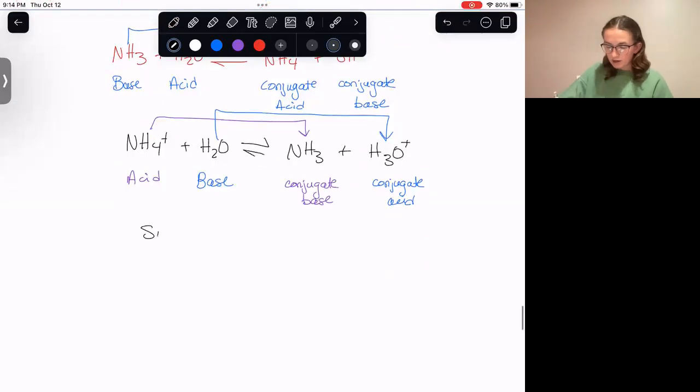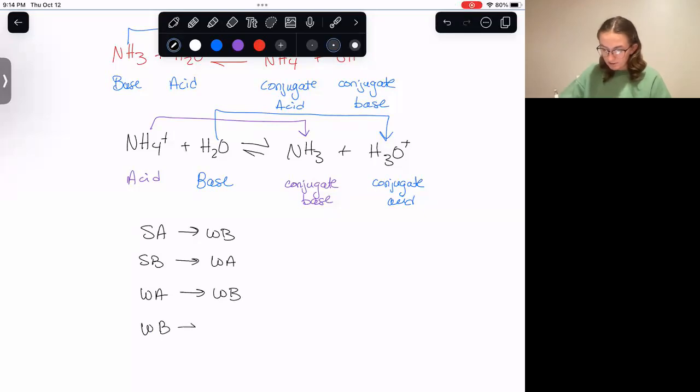You can have a strong acid and a weak base. You can have a strong base and a weak acid. You can have a weak acid and a weak base. And you can have a weak base and a weak acid.